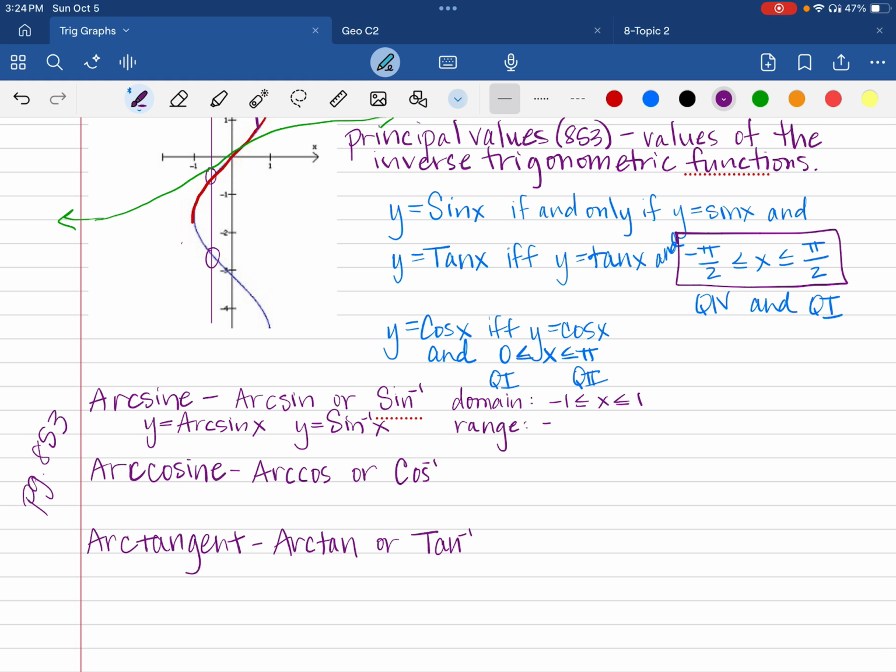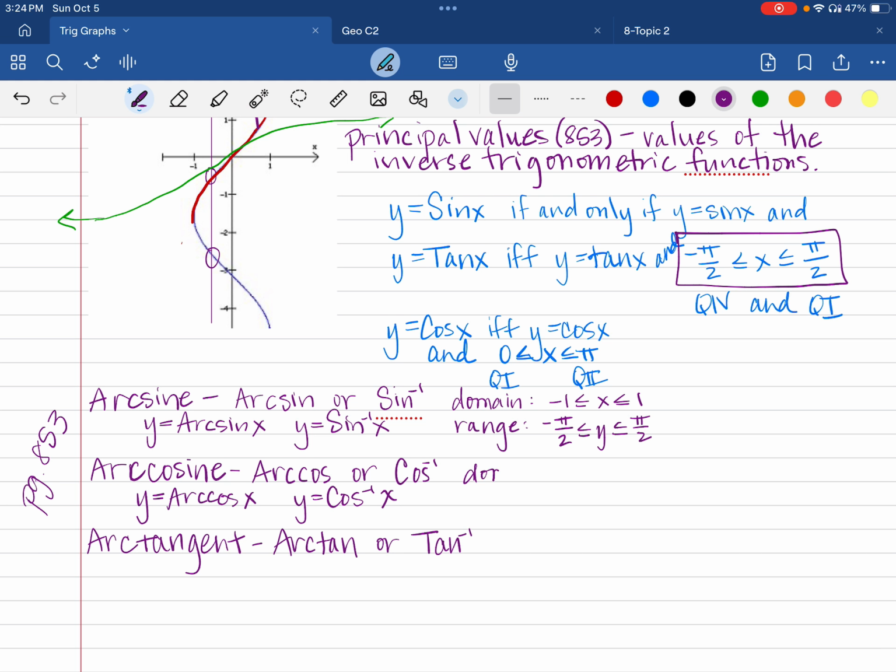So your y values are going to fluctuate. They're going to range from -π/2 to +π/2. Arc cosine, notation-wise, we'd have y equals arc cosine x or y equals inverse cosine of x.